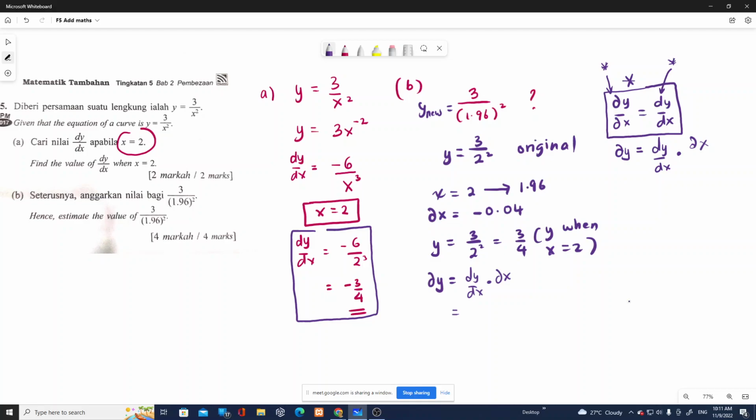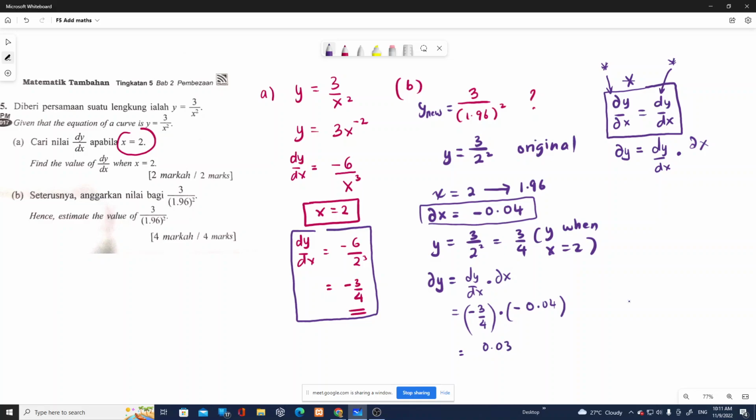We already found dy dx is negative 3 over 4, and delta x is negative 0.04. Do you see that from here, delta x? Okay, so what is our answer? Negative 3 over 4 times negative 0.04. Do you know the answer? 0.03, I think. Yeah, 0.03. So it's a positive answer.